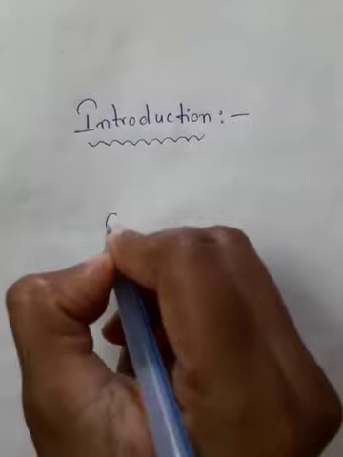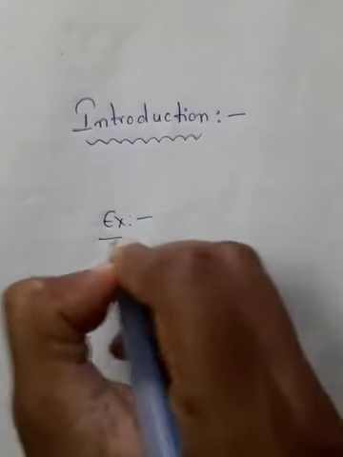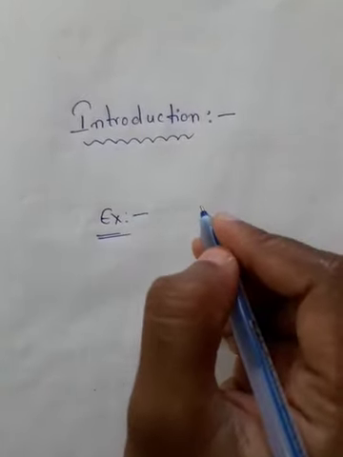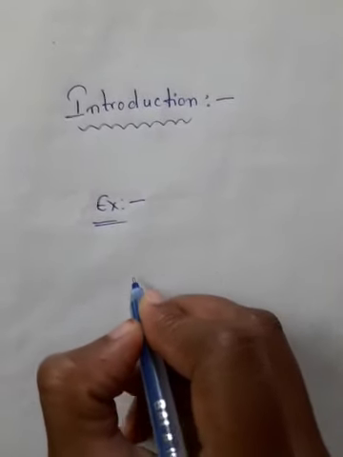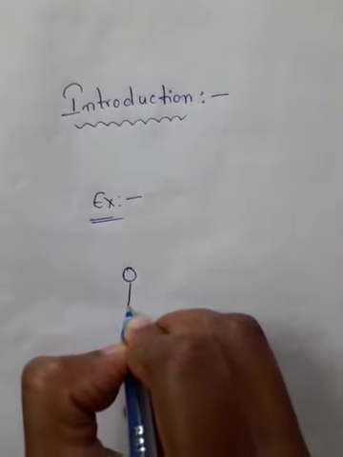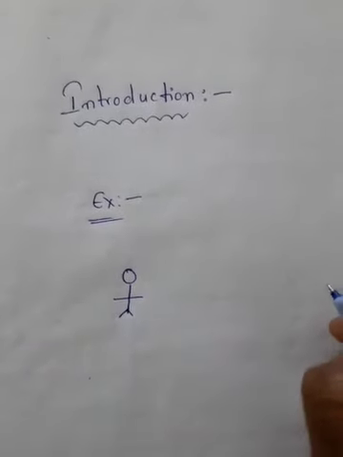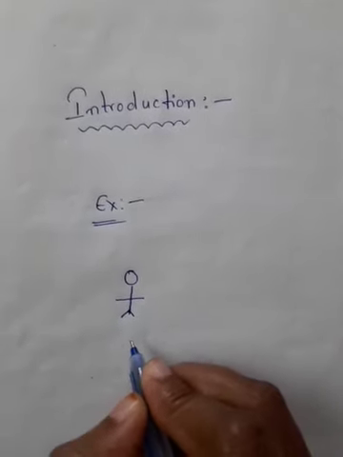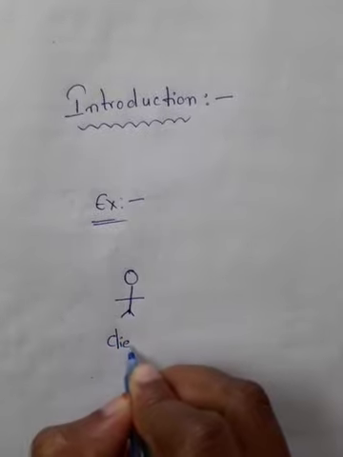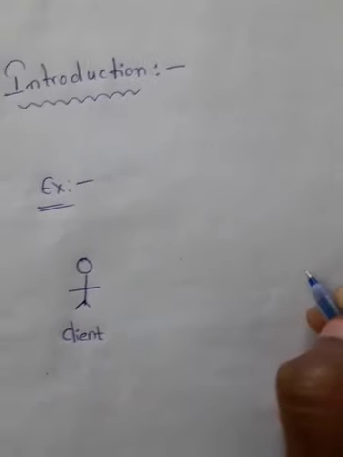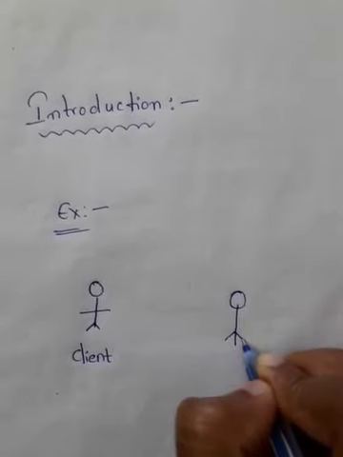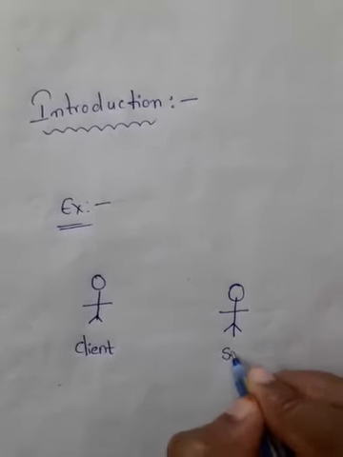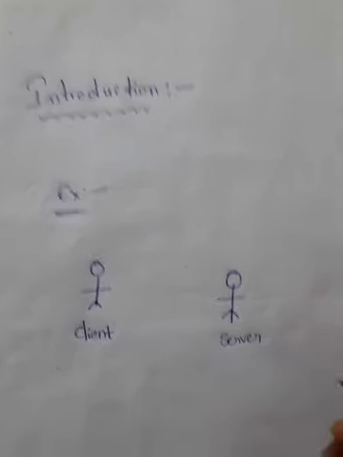Let us see a small example for this. Here we are seeing just a communication between client and server. Let us consider that this is the client or user, and here is the server or receiver.